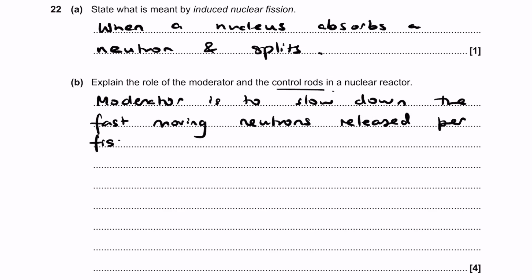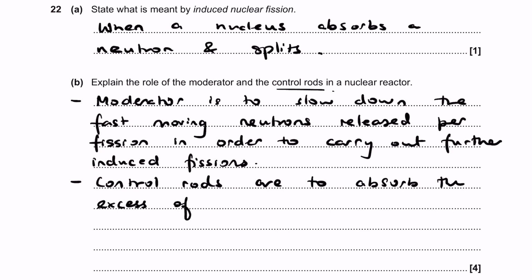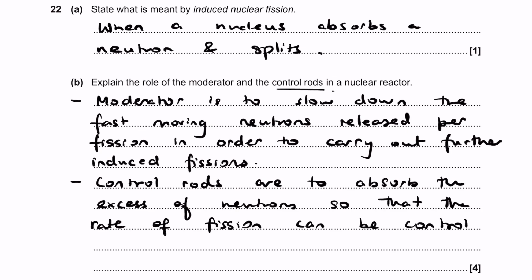Otherwise, when the neutrons are moving too fast, the uranium nuclei cannot absorb them, and so they have to be slowed down. And control rods are basically to absorb excess neutrons so that we can control the rate of fission. Okay, so that it's not an uncontrolled set of chain reactions which could potentially lead to atomic bombs.